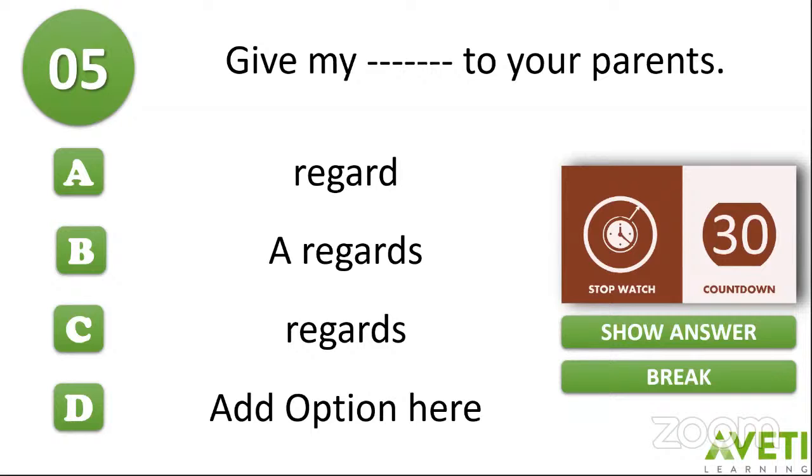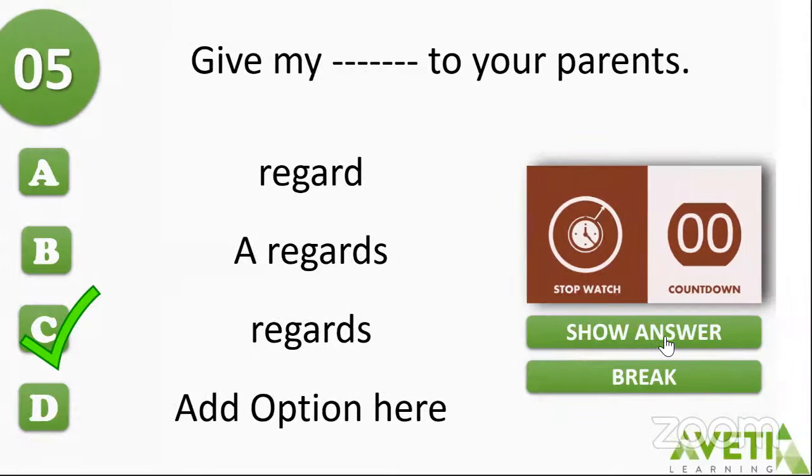So they always come like that only, and their usage is always like that. Give my regards to your parents. So I'll show you the right answer. I think I forgot to show you the right answer. The right answer, like I said, is option C. So all those who have typed in C, well done.